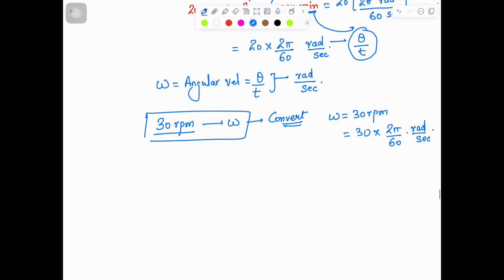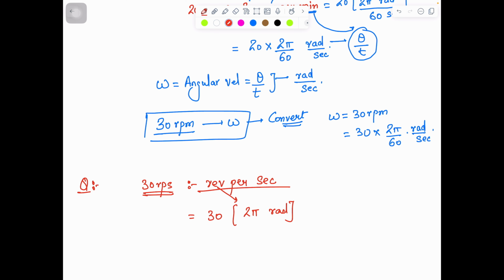Okay, one more thing, which will create a problem in the question. Let's say in a question the given value is 30 rps. What is the meaning of this? Revolution per second. Now my question is, what do we need to convert? 30. Okay, convert the revolution. Revolution becomes 2 pi radian. Yes or no? Okay, second.